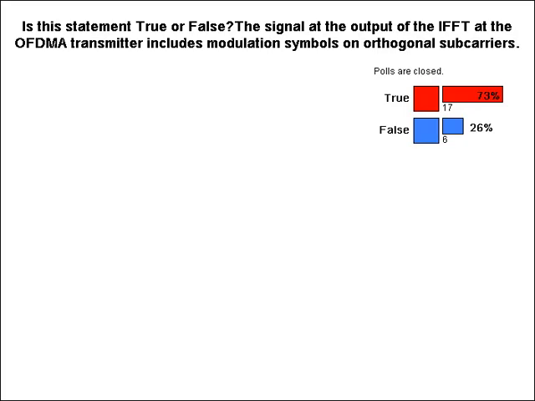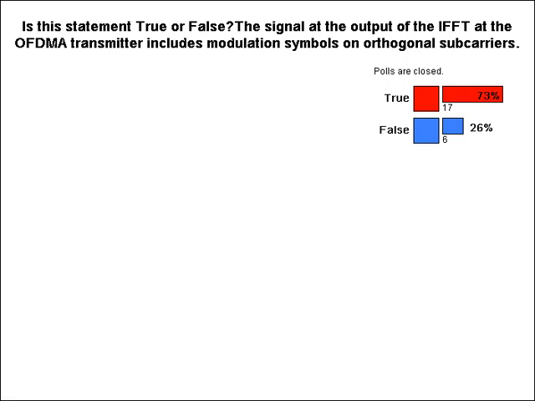So let's see. We said that the signal at the output of the IFFT includes modulation symbols on subcarriers. Some folks think that maybe I should not use the word include, but what we are trying to convey is that the output signal from the IFFT, as you have correctly pointed out, is samples.